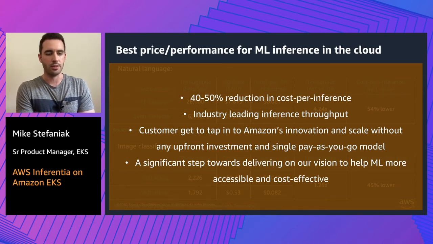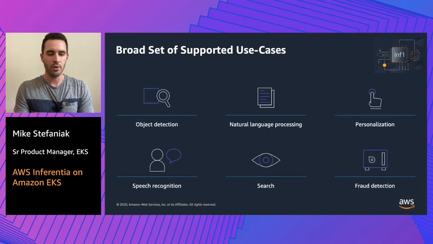And you get to tap into the innovation and scale without any upfront investment and having to buy expensive GPU-based hardware. So we really see this as a significant step towards delivering on our vision to help machine learning become more accessible and more cost-effective to all types of customers. And it really is a broad set of supported use cases that we've seen using Inferentia so far.